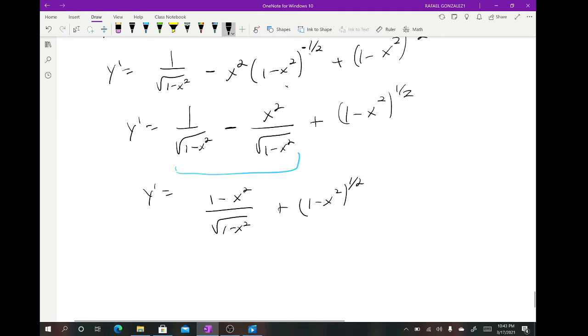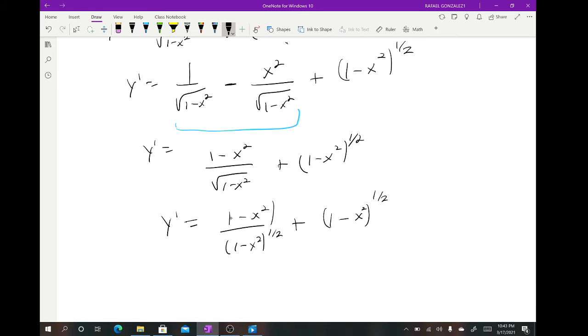And hopefully you see what's going on here. If we write back the denominator as (1 minus x squared) to the 1/2 power now, you will see that I have this one to the power 1 and this one to the power 1/2.